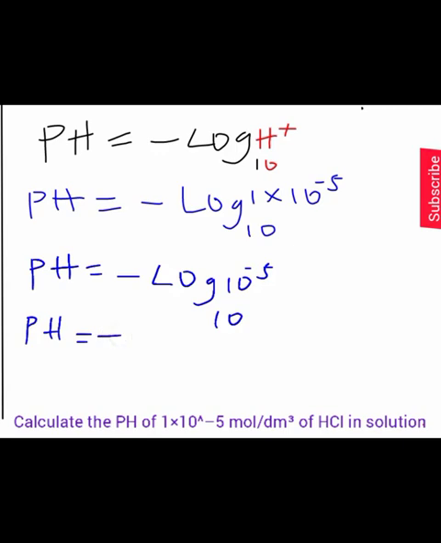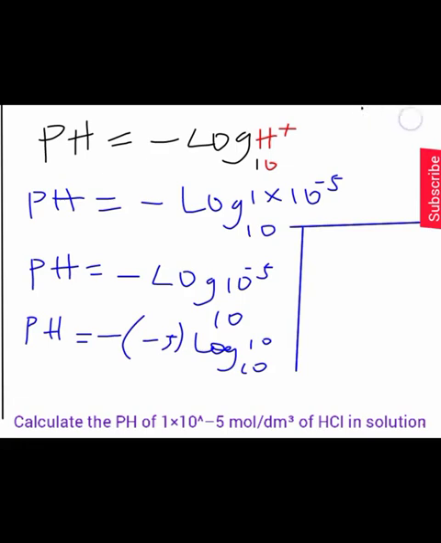So pH equals negative bracket, as this power comes to the front of the log as usual, then log 10 base 10. Log 10 base 10 is 1.